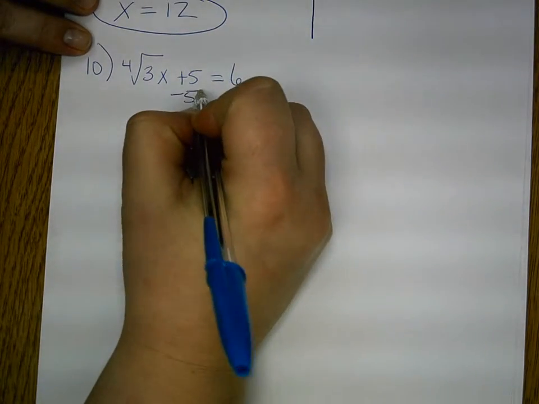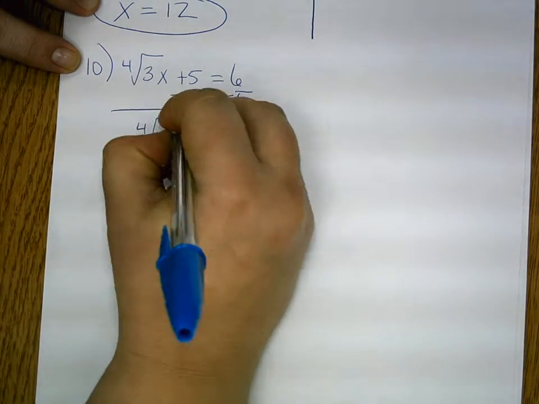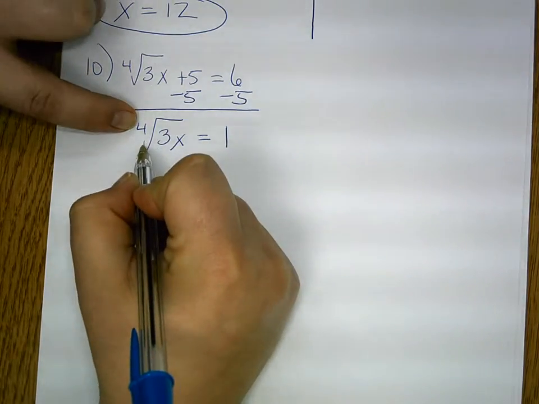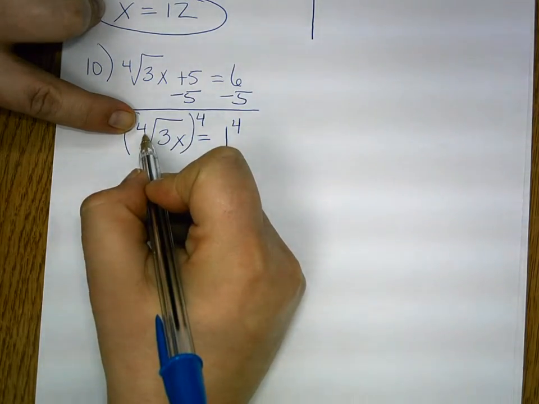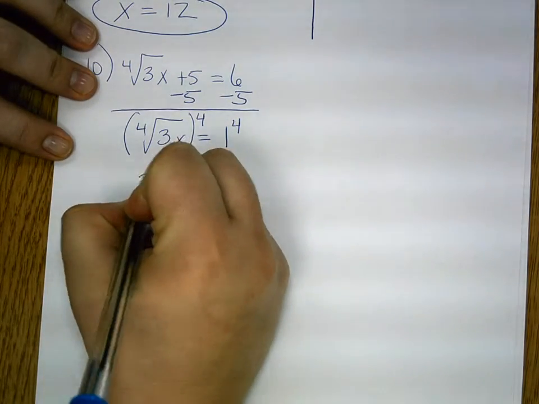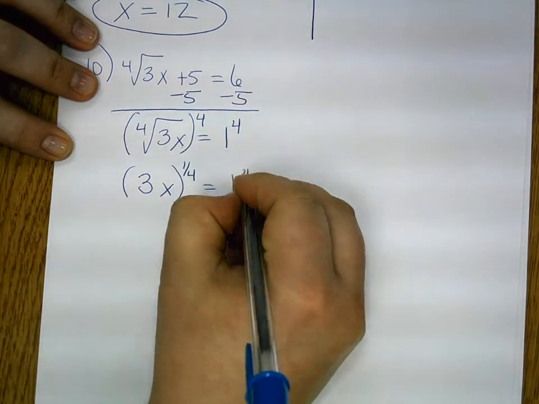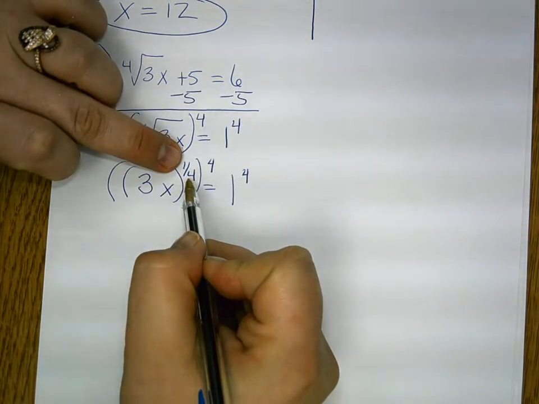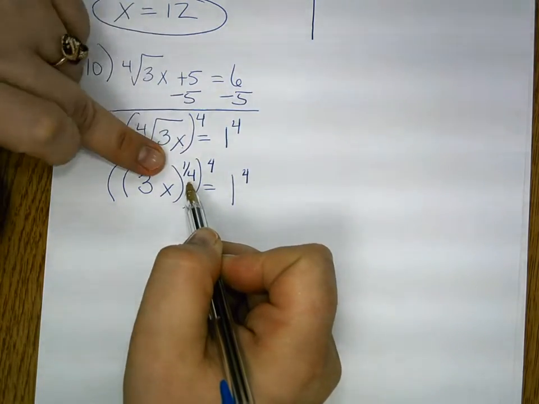Here again, we're going to have to subtract 5 on both sides. And this time we want to raise both sides to the 4th power because this is a 4th root of 3x, which means you could also, if you wanted to, change that into an expression with a fraction as an exponent, just to get that exponent equal to 1.